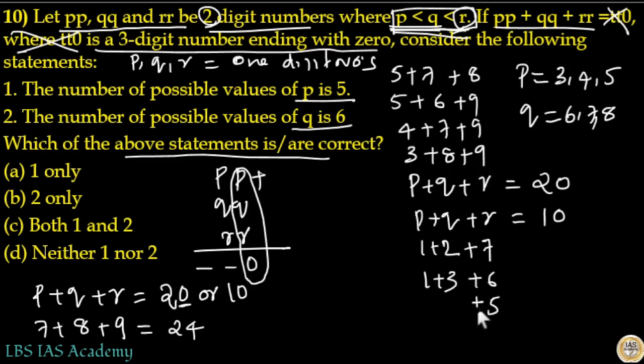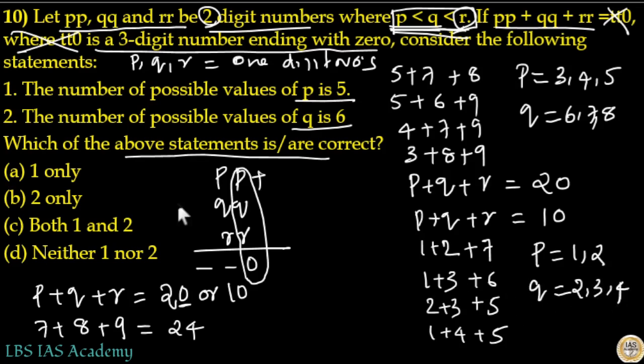If R is 5, P plus Q should be 2 plus 3 or 1 plus 4. Now if R is 4, P plus Q should be 6, which is not possible. Which means possible values of P here are 1 and 2 and possible values of Q are 2, 3 and 4.